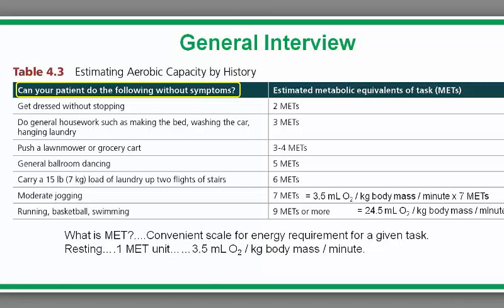Now, this is not a perfectly precise value, but during the general interview, by taking a history of the typical activities that the patient engages in, the clinical exercise physiologist can get an estimate of how much energy, and how much oxygen consumption, the patient expends.